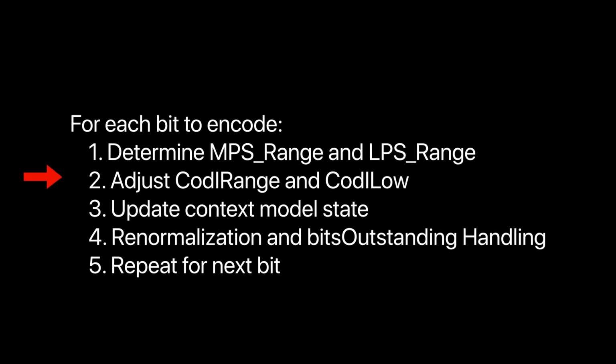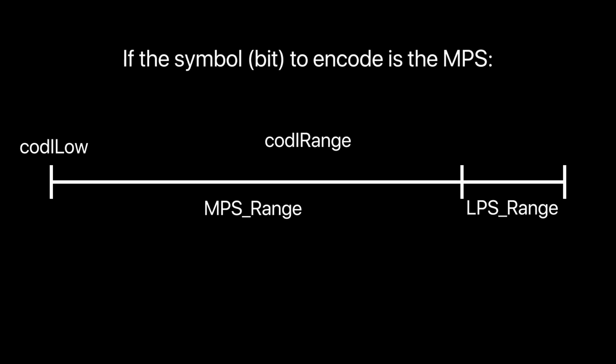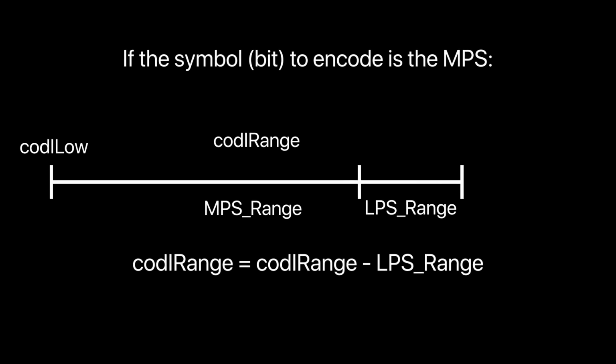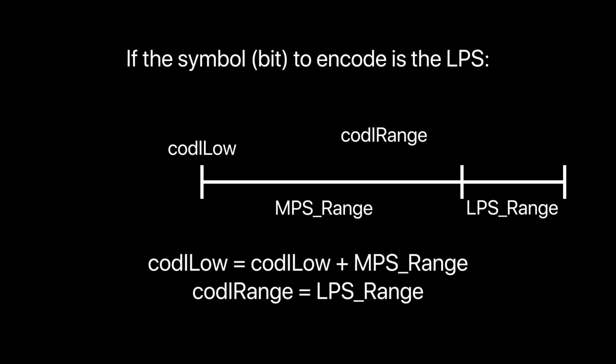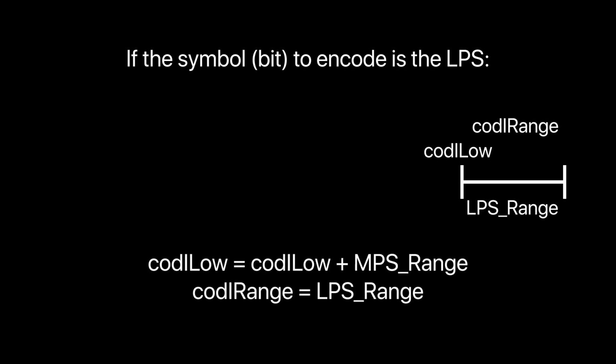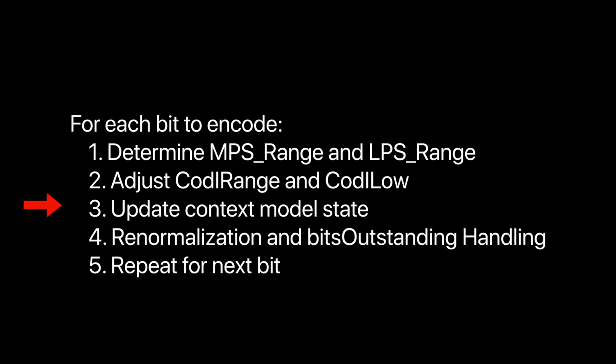2. Adjust code_i_range and code_i_low. If the symbol to encode is the MPS, decrease code_i_range by LPS range. Code_i_low stays the same. If the symbol to encode is the LPS, increase code_i_low by MPS range and set code_i_range to LPS range. 3. Update context model state.